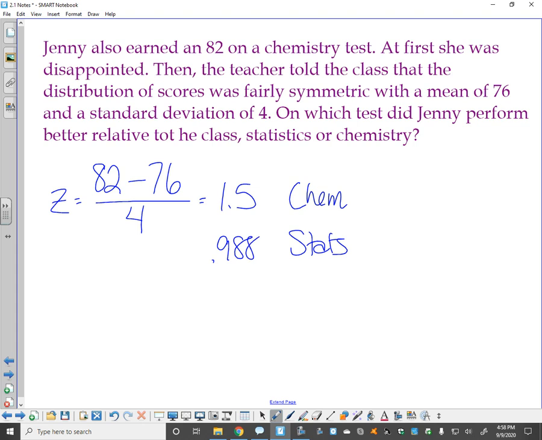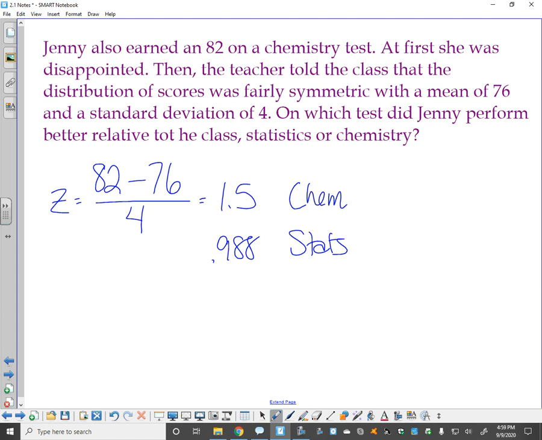So on which test did Jenny perform better relative to the class? And I want some sort of justification. So here's what I would say, and then pause it and write it down. Jenny did better on her chemistry test relative to the class than her stats test relative to that class because she scored a higher z-score.